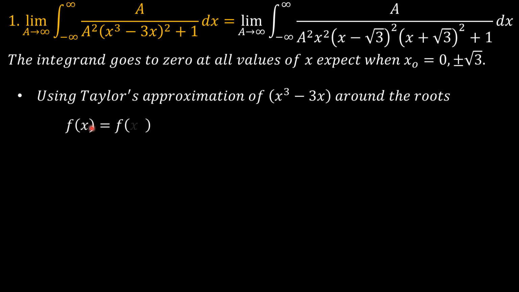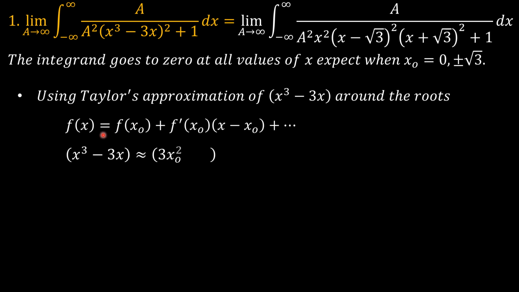Taylor's expansion is just that when we have f(x), it equals f of x naught, that is at these points 0, positive root 3, negative root 3, plus the derivative of this function f(x) with the specific points x naught substituted in, times (x minus x naught), and so on and so on. So we're just going to look at the first part of this approximation.